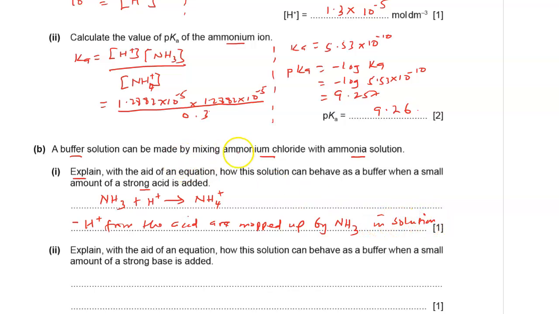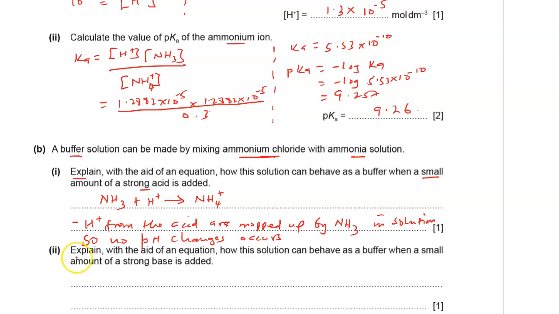Don't forget the buffer solution has ammonium chloride and ammonia in the solution, so the pH will remain the same. So no pH change occurs. Don't forget, this is a small amount of acid. When you add a lot of acid, then this buffer solution will not be of help. You should add a small amount of acid.